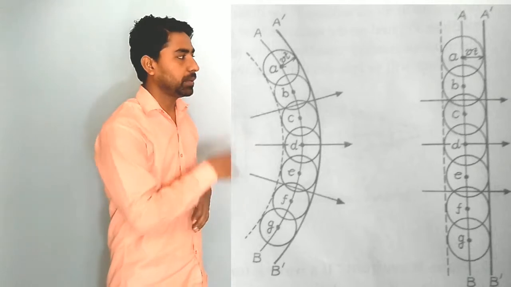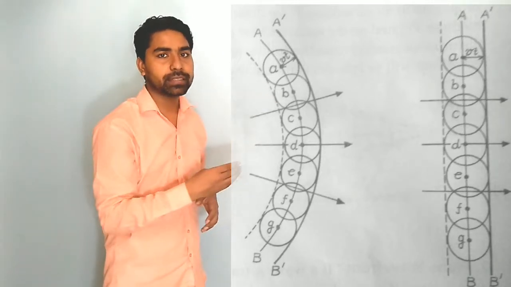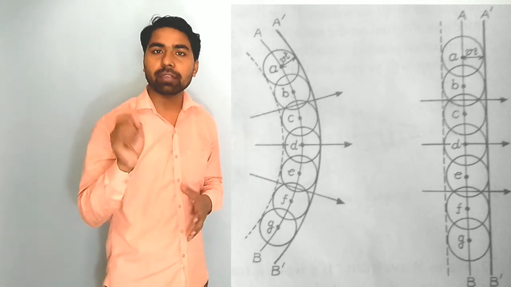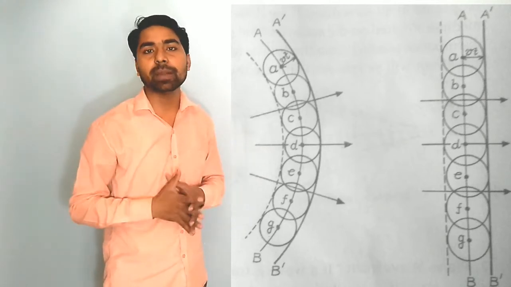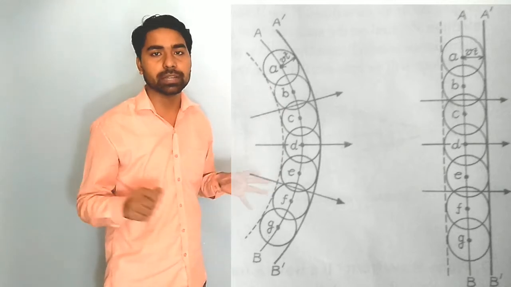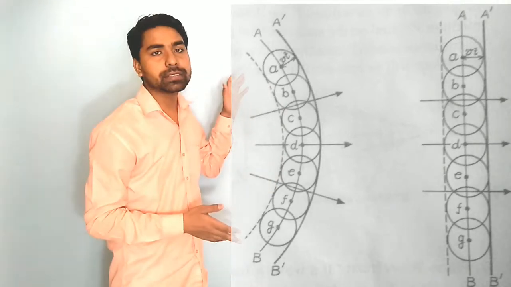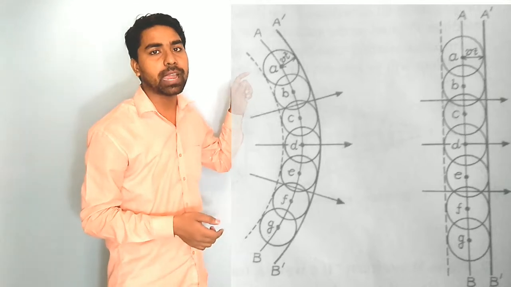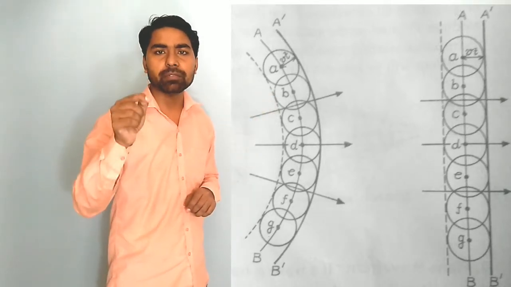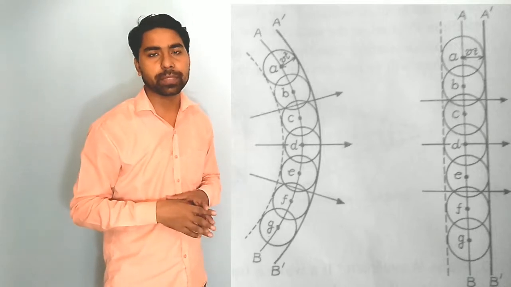Now this AB is either curved or straight. If I'm talking about these as wavefronts, every wavefront has many particles. So I'm taking some particles, suppose a, b, c, d, whatever it is. The ends I have named with capital A and B, and among the particles, small a, small b, or you can say points 1, 2, 3, 4, whatever you consider.